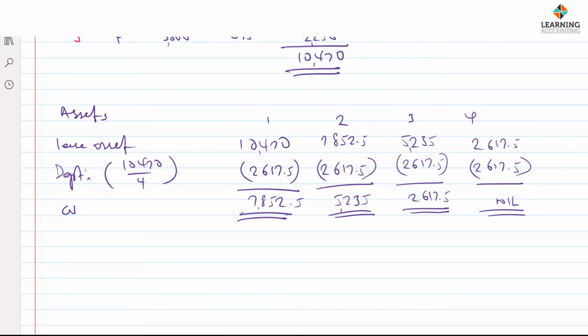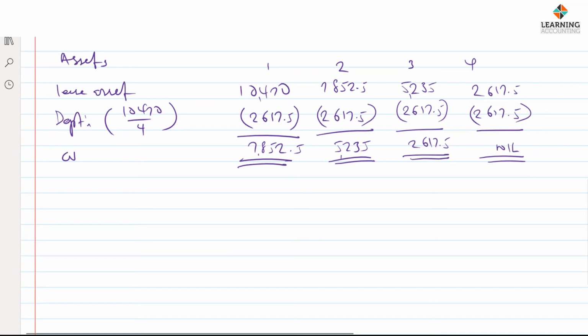It's not really difficult, like I've said, just application of IAS 16 there. On the liability side, which is the area we'll be more interested in, the lease liability is 10,470.